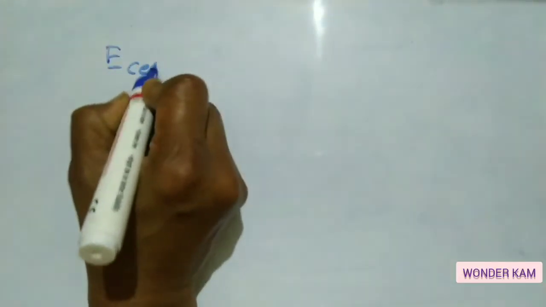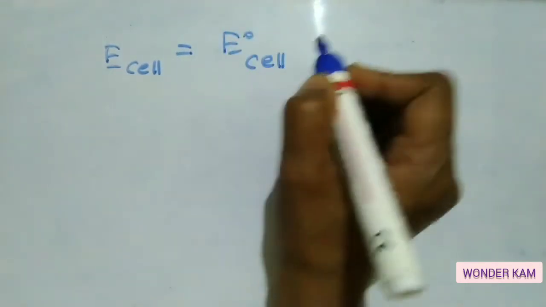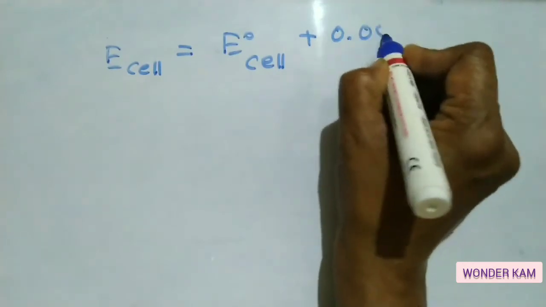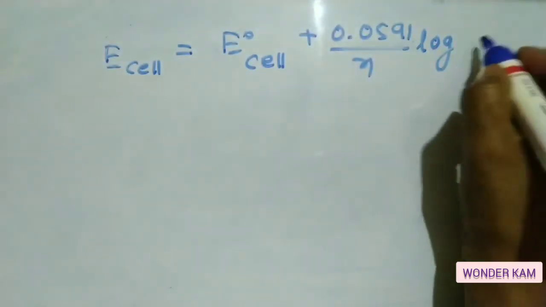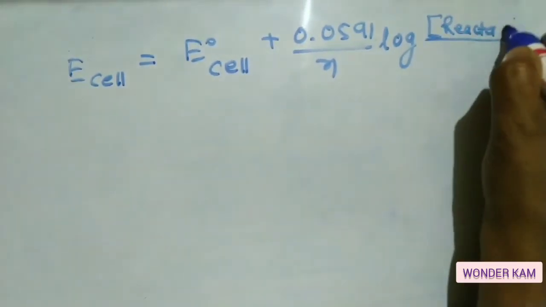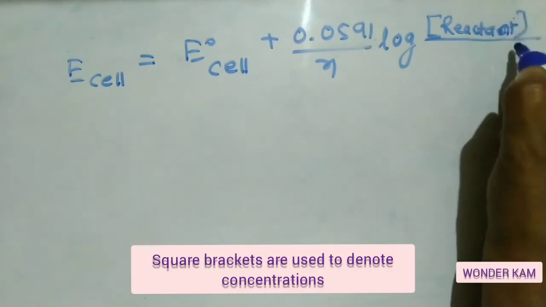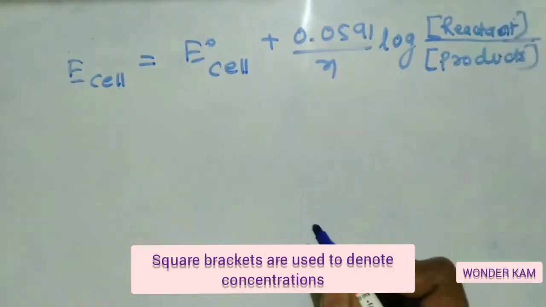Similarly, for the E cell, we can also find the equation. It would be E°cell plus 0.0591/n log concentration of reactants divided by concentration of products.